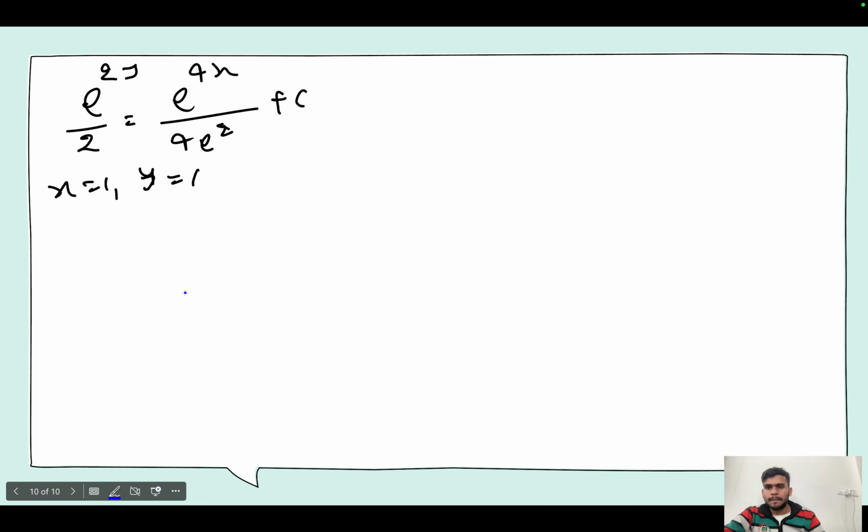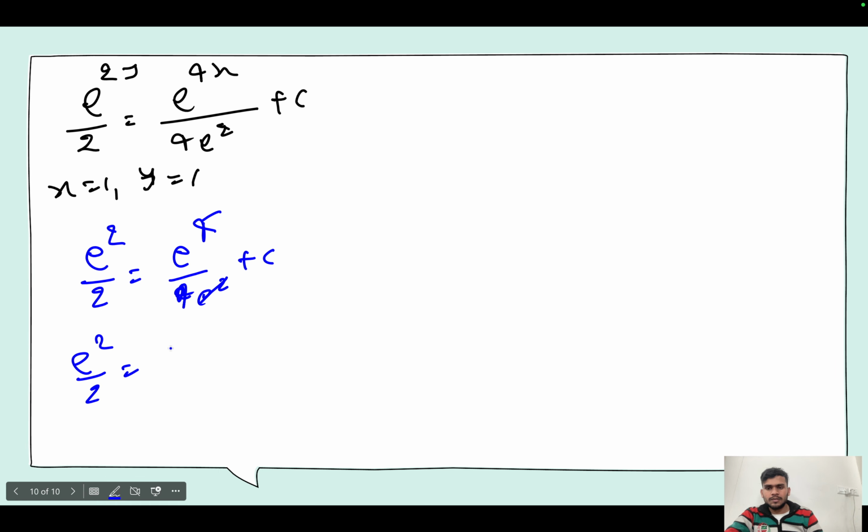So use this condition, so it will become e square by 2 is equal to e to the power 4 by 4e square plus c. And you can see e square will be cancelled out, so it will become e square by 2 is equal to e square by 4 plus c. Take it this side, so e square by 2 minus e square by 4 is equal to c.